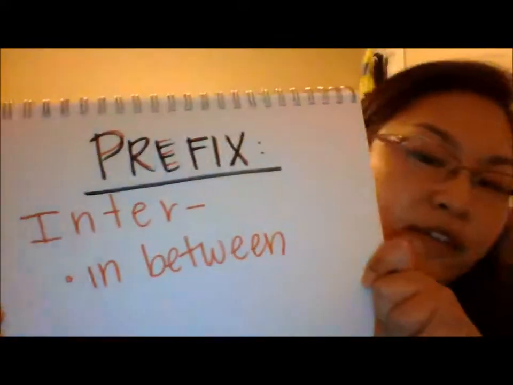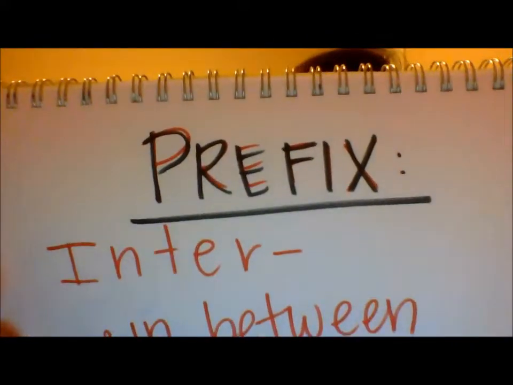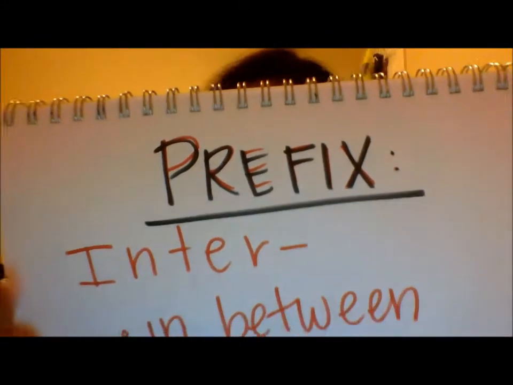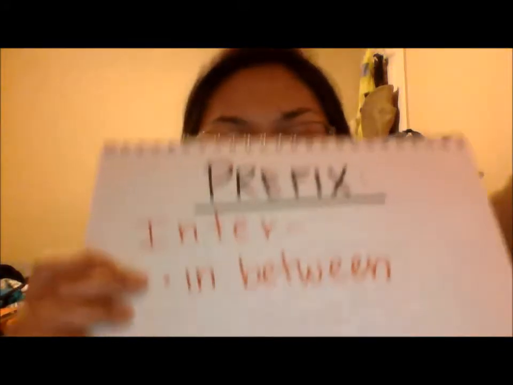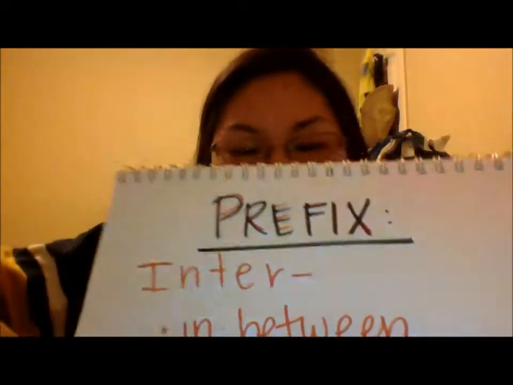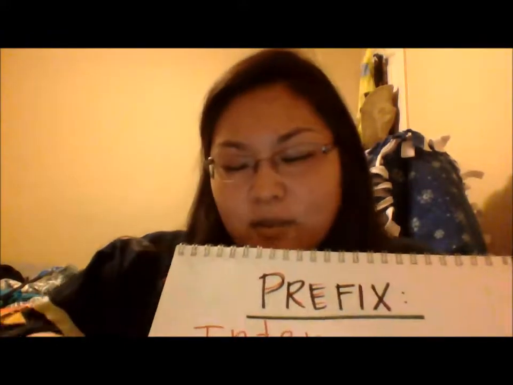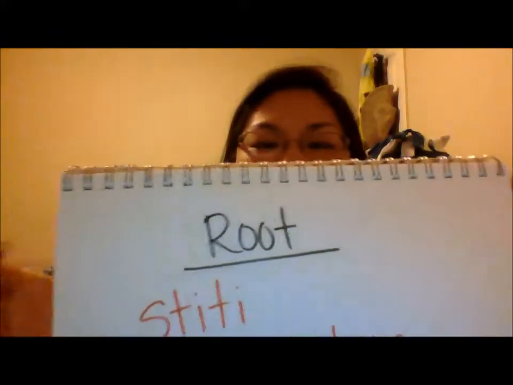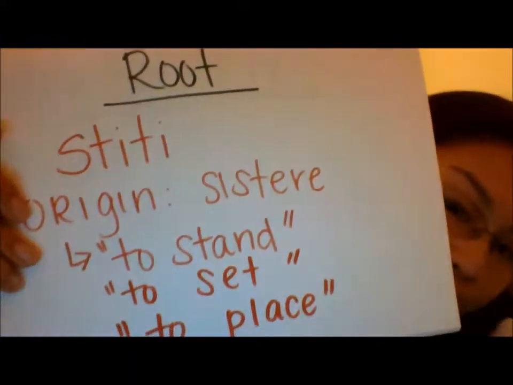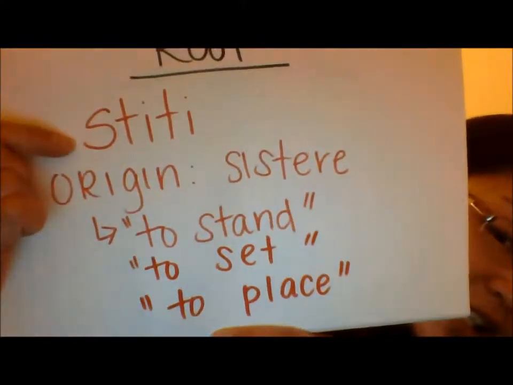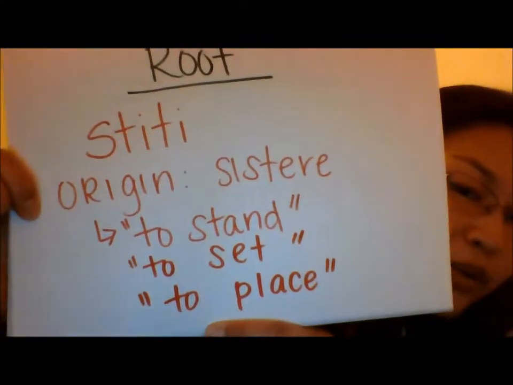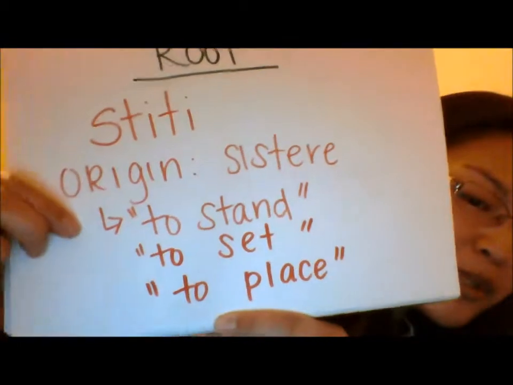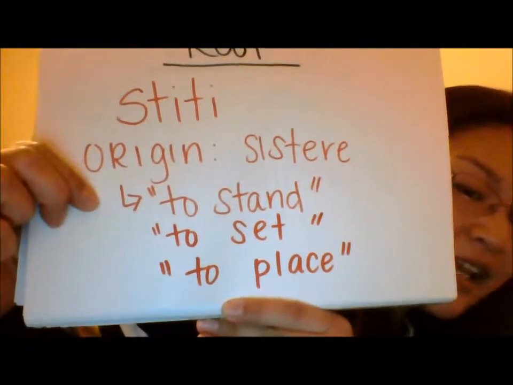So the prefix is inter, which means in between. So right now we have something that's in between. Between what yet? We're not quite sure. So the root of the word is this, which actually comes from the Latin word sistere, which means to stand, to set, or to place.